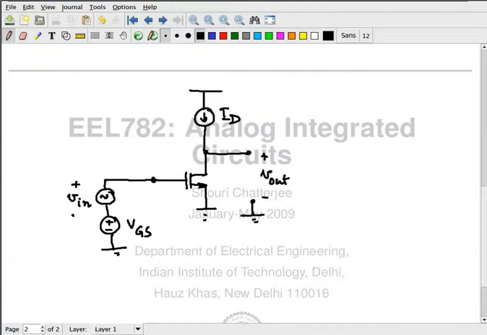Okay, so first of all, my biases are in capital letters, the signals are in small letters. So capital VGS is the bias voltage that I apply across gate and source. How do you create this bias voltage?